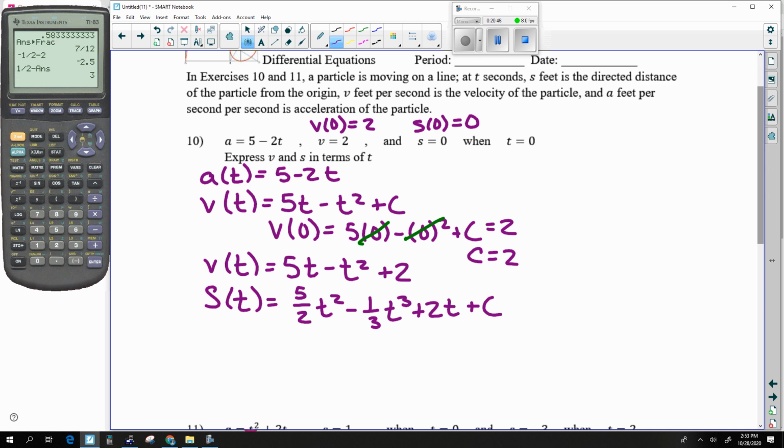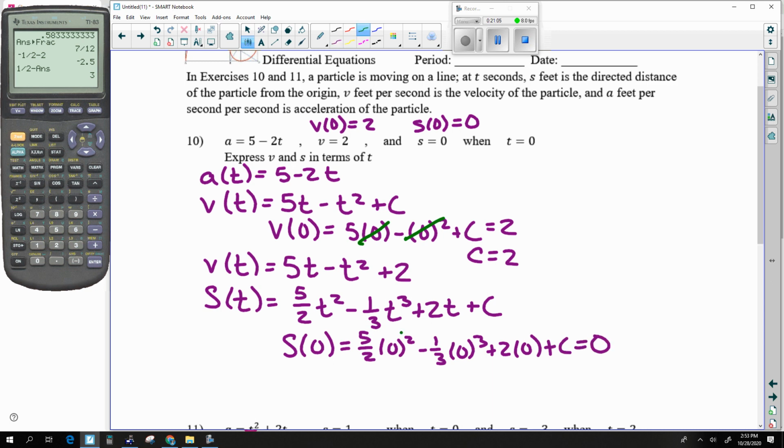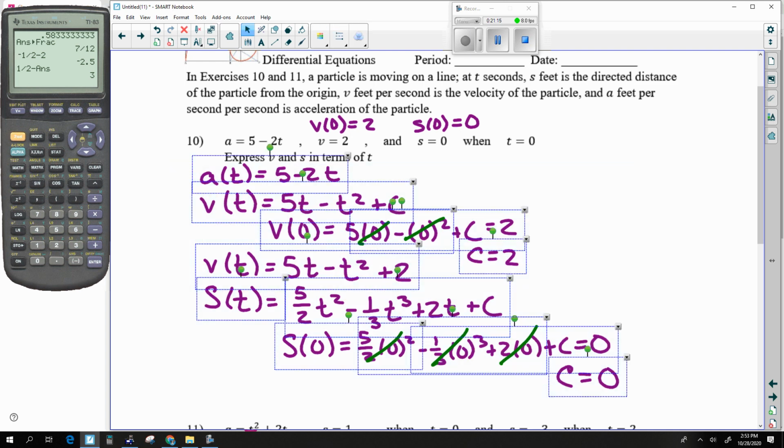And now I'm going to use its initial condition. So at time 0, this is all time 0. It's equal to 0. So again, 0, 0, 0, c is equal to 0.